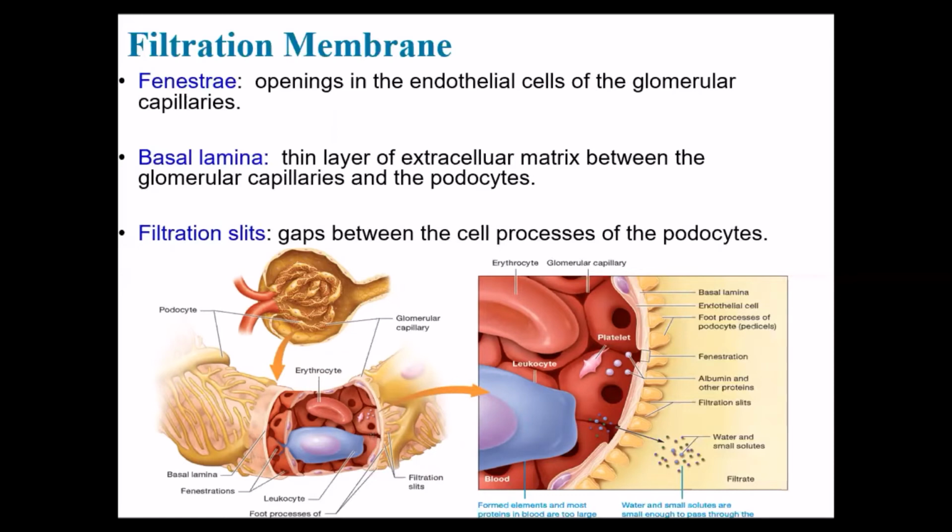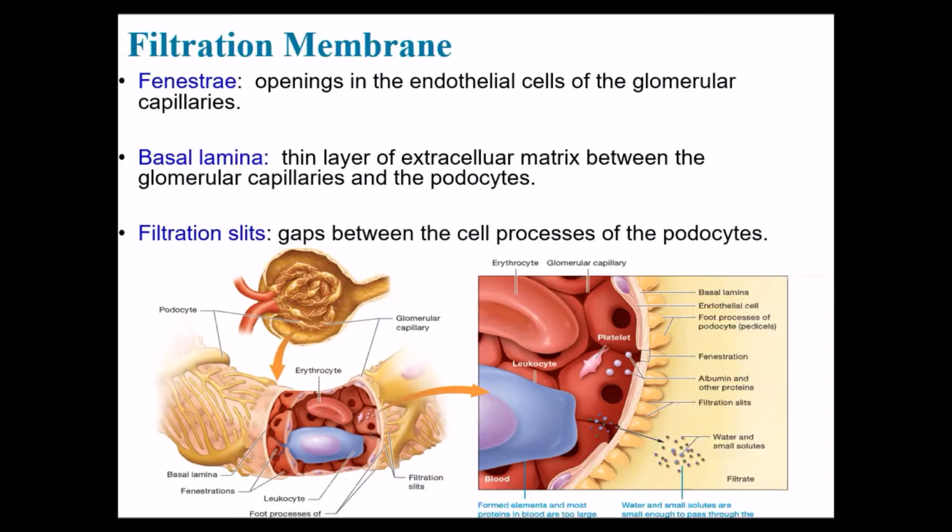So you need a filter system that allows the smallest particles through: the waste products, the salts, the electrolytes, smaller waste products like ammonia and urea. But you don't want your platelets, your white blood cells, or your red blood cells to come out, because you need to maintain those inside the bloodstream. So you're trying to create a very selective filtration membrane.